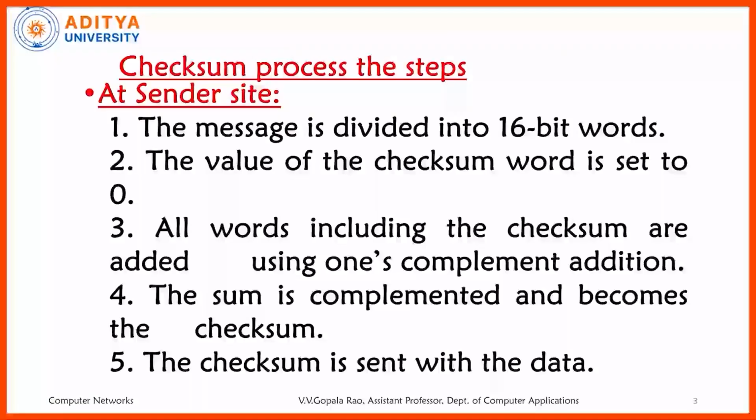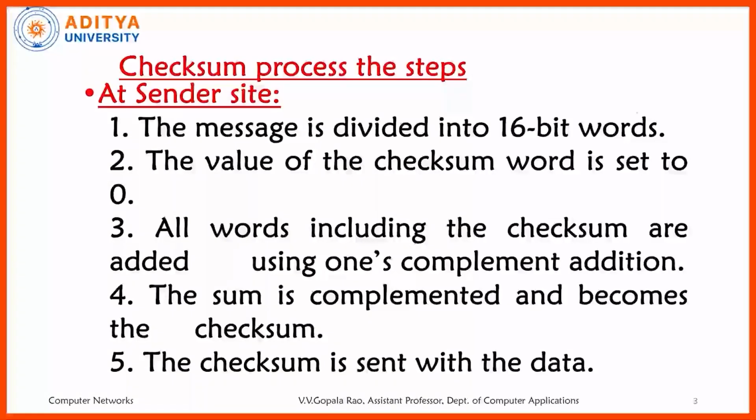So in this checksum process the steps are like this. First of all you take any message in binary format. Generally the message will be divided into portions where every portion is 16 bits in size. Suppose you have a message divided into subunits.